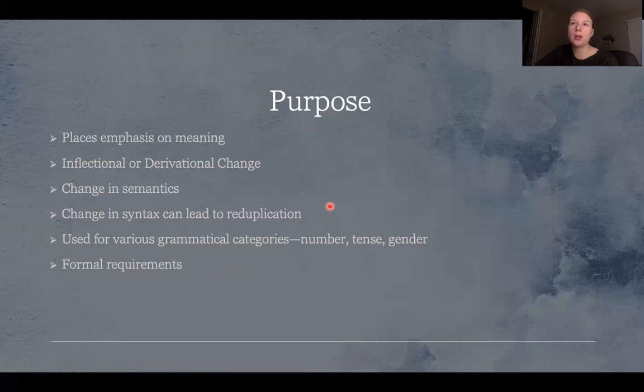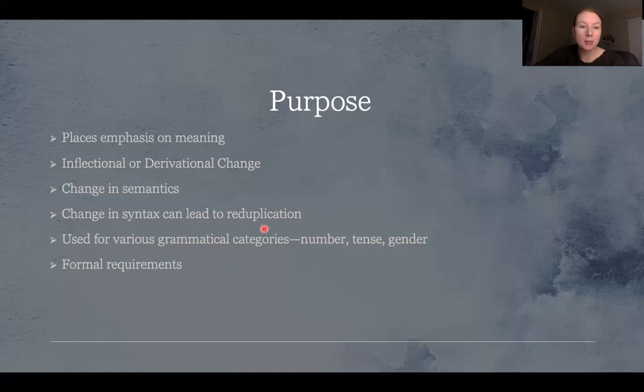Is that grammatical category changing, or is it just there? Because in some languages, which we'll look at, it is just a formal requirement. There's no necessity for it being there. If you went through pages and pages of data, there would be no clear pattern of why the language has reduplication. It's just a formal requirement.